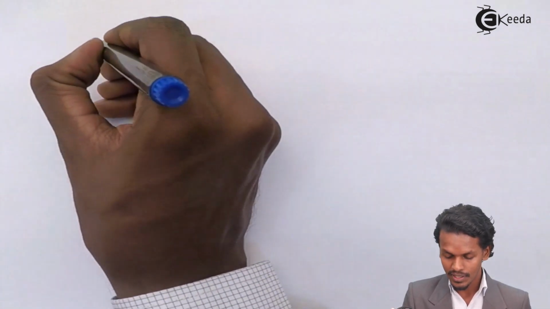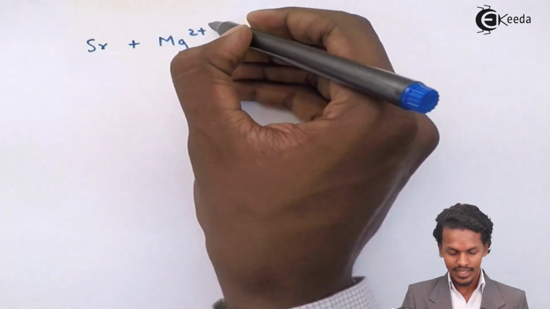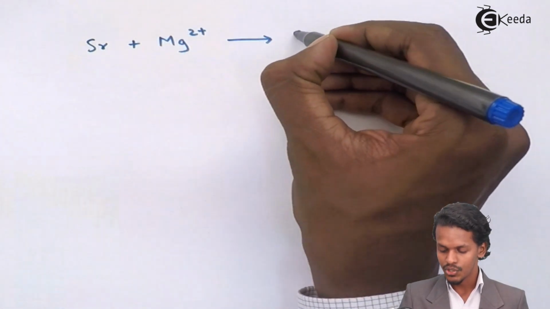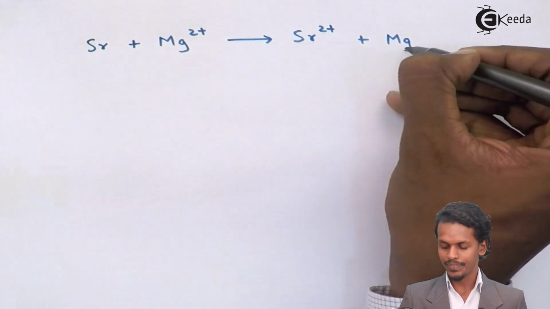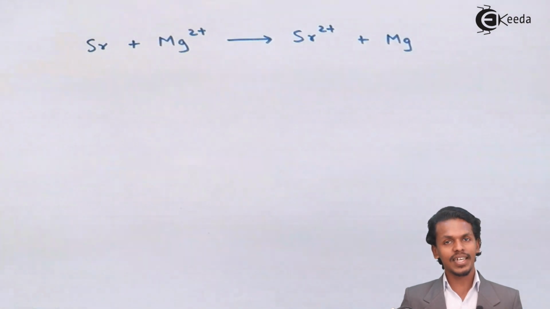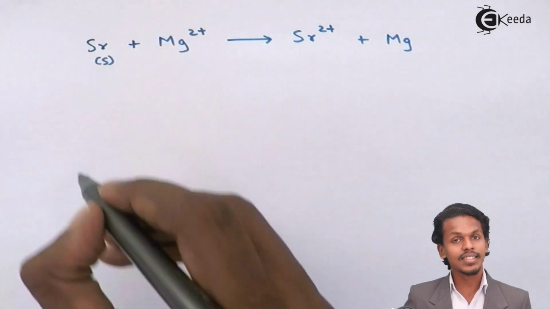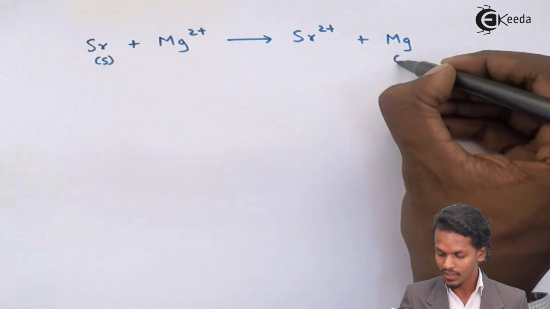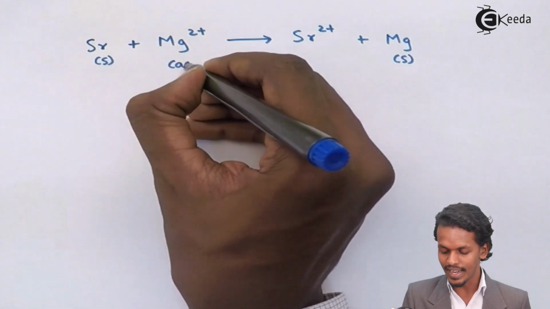The reaction that they have provided to us is Sr plus Mg2+, giving us Sr2+ plus Mg. In this case, the physical state is also necessary to mention: strontium is solid, magnesium is also solid, but Mg2+ ions and Sr2+ ions are present in aqueous form.